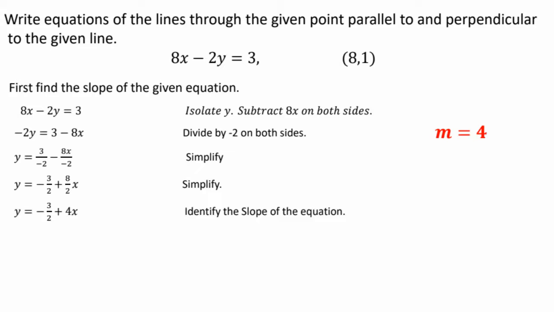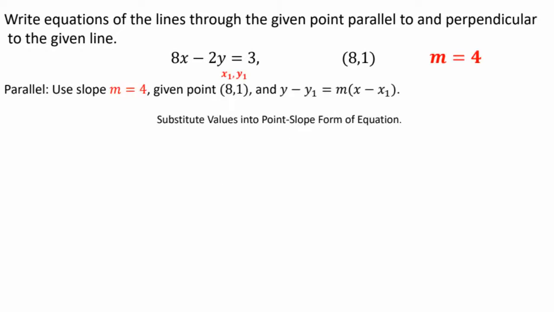And so we give the variable m for slope. If I want to find the parallel line to this given equation, its slope has to be 4, but then they give me that extra piece of information that it also has to go through the point (8, 1). There are several ways of doing this. The way I like to do it is to use what's called the point-slope formula.